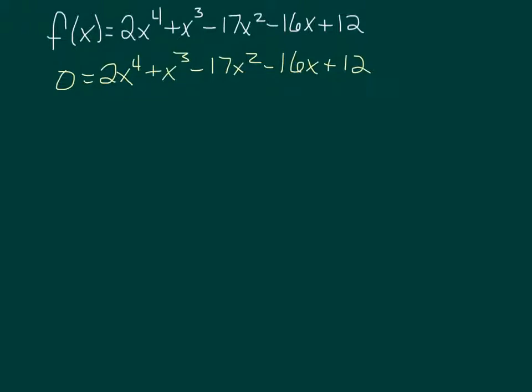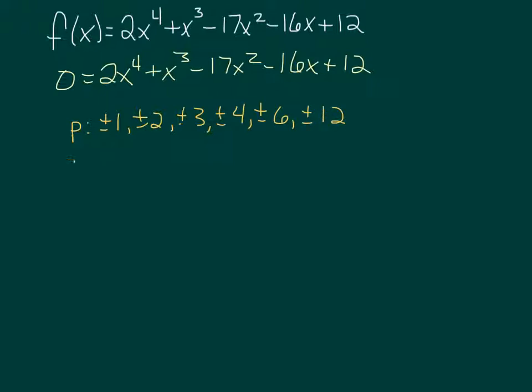And so the first thing we're going to do is look for p, right? And again, p is the factors of the constant term. So it could be plus or minus 1, plus or minus 2, plus or minus 3, plus or minus 4, plus or minus 6, and plus or minus 12.